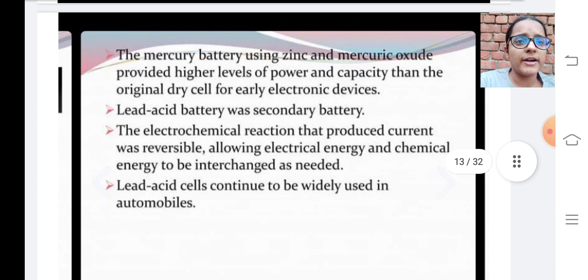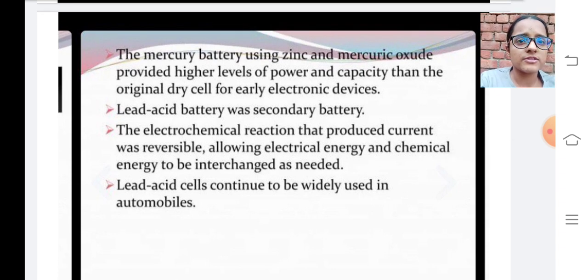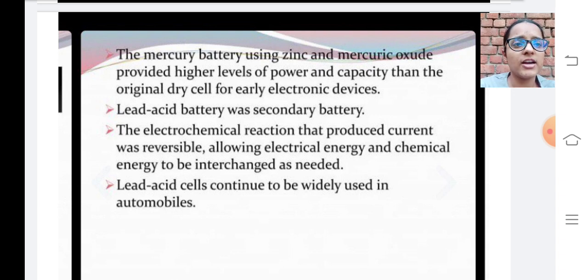The mercury battery using zinc and mercuric oxide provided higher levels of power and capacity than the original dry cell for early electronic devices. The lead acid battery was a secondary battery. The electrochemical reaction that produced current was reversible, allowing electrical energy and chemical energy to be interchanged as needed.